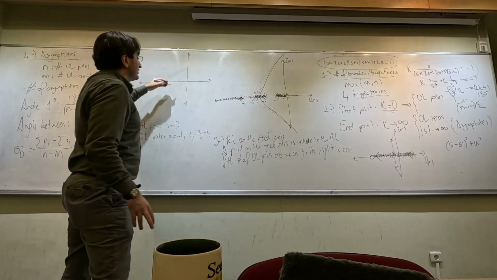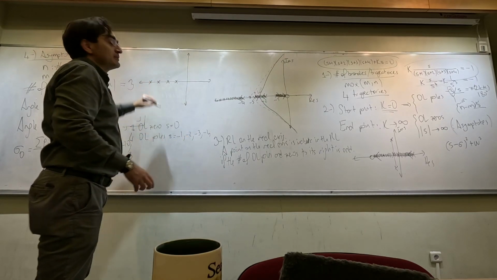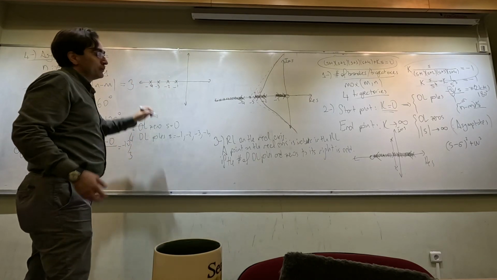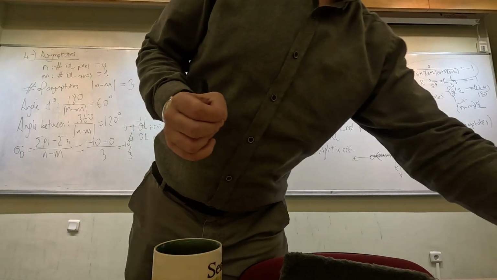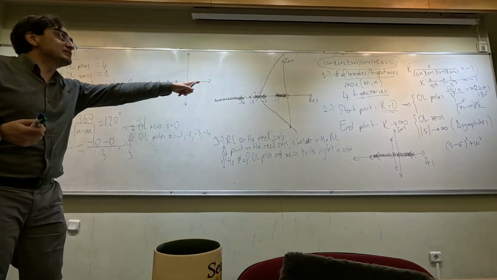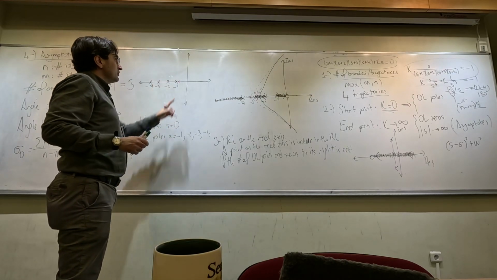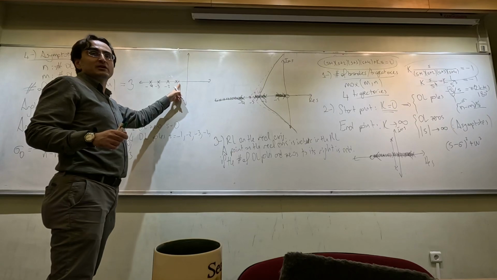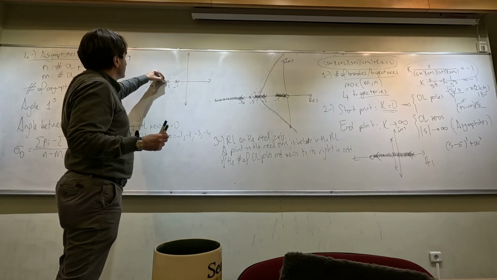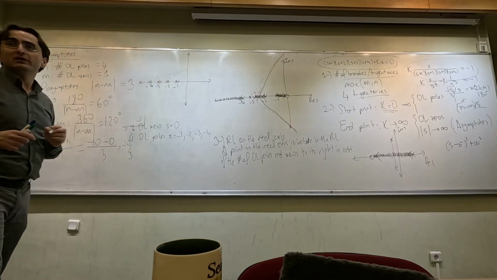At k equals 0, we have 4 roots of that polynomial exactly at these locations: -1, -2, -3, -4. As we increase the value of k, we have seen in the root locus that this pole shifts to the right for k equal to epsilon, for example. And these two poles will come here and here, and this one will come here.